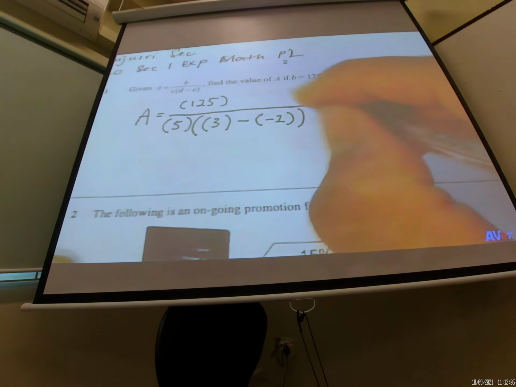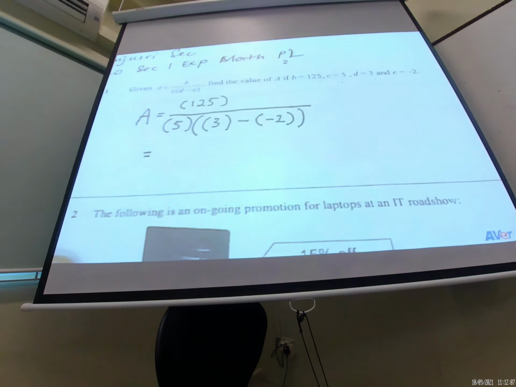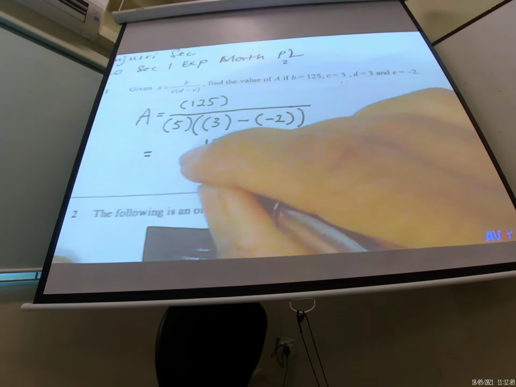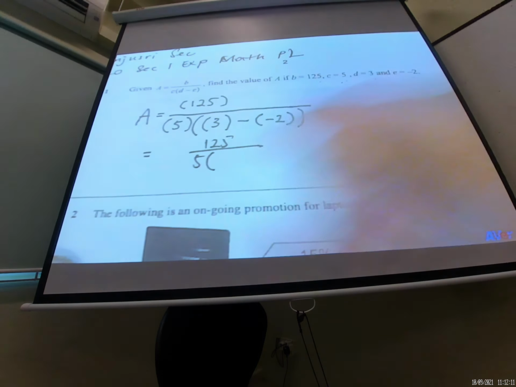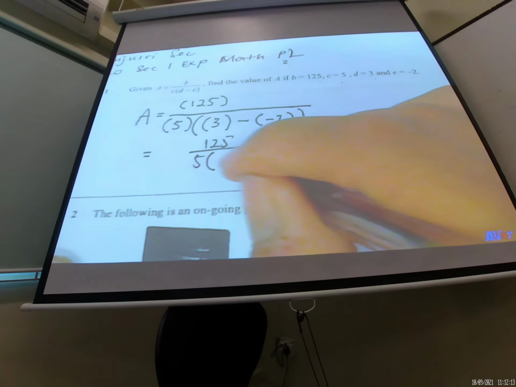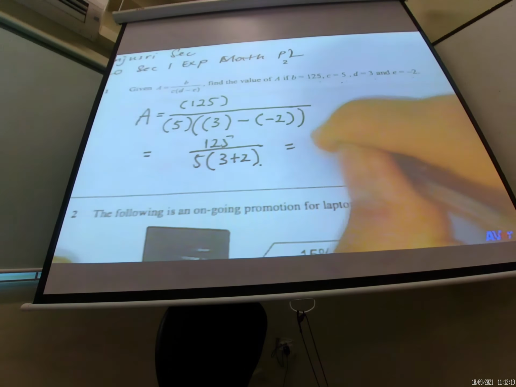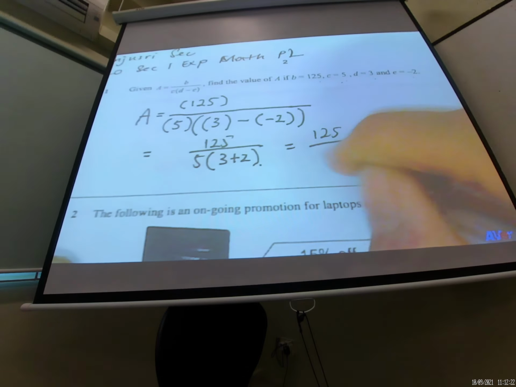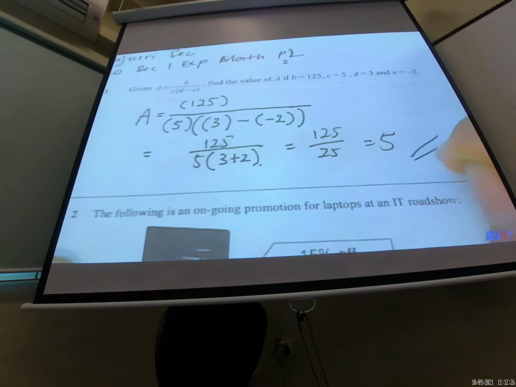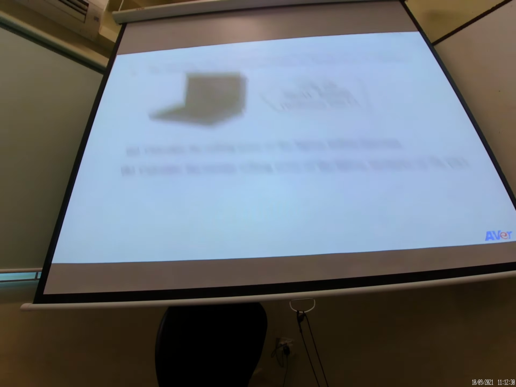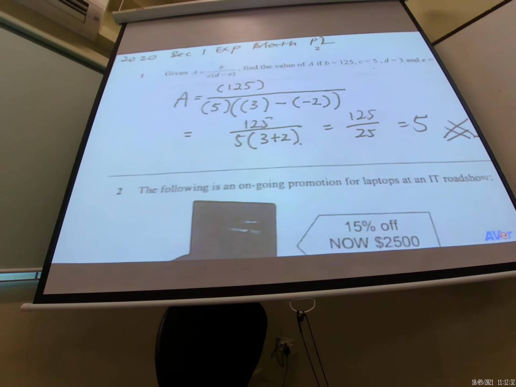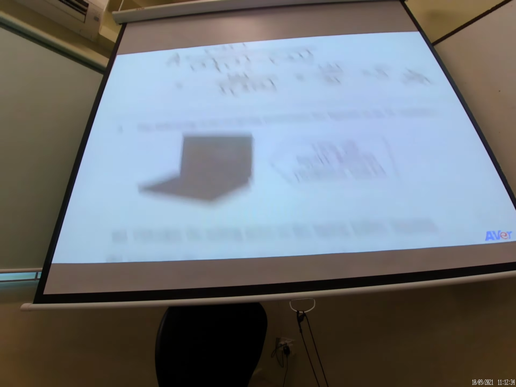Then simplify or press the calculator. 125 over 5, 3 minus -2 becomes plus. So 125 over 5 times 5, 25 times 5 equals 125. Can be quite simple, right? Just substitution.